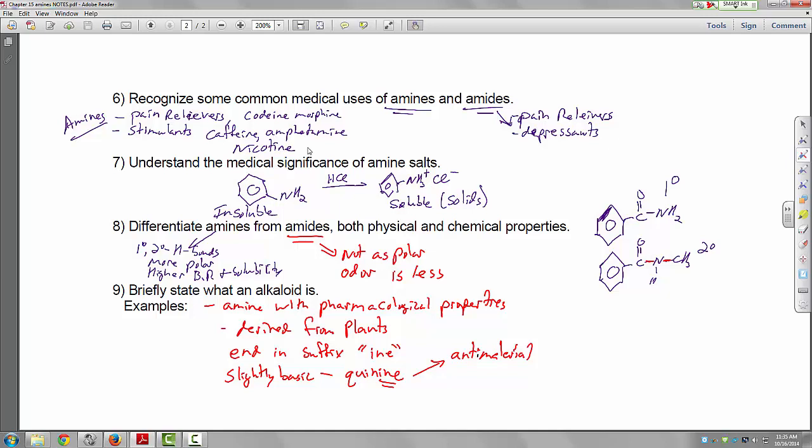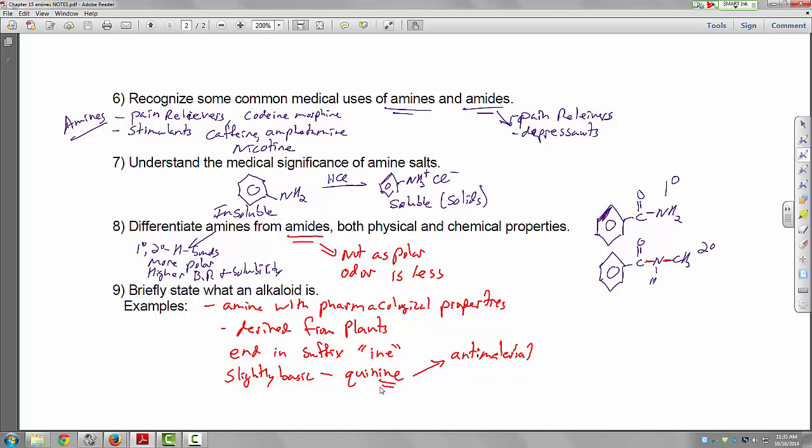The bacteria that causes malaria cannot replicate when quinine raises the pH of red blood cells. So anyway, because it's slightly basic.